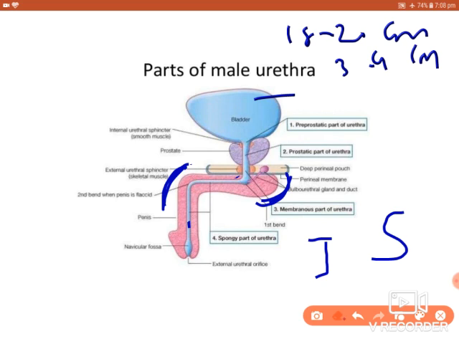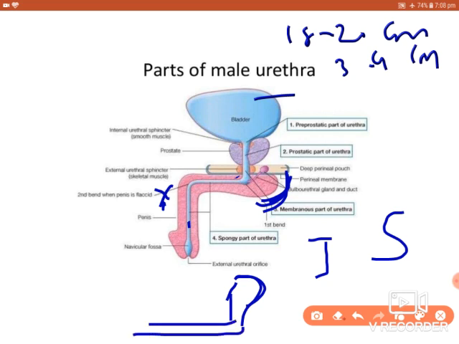There is obliteration of the distal curvature, so it is not there. Only the proximal curvature is present, and it goes like this. So it should be like this in the erect state. What you are seeing here is the flaccid state, with the proximal curvature and the distal curvature.